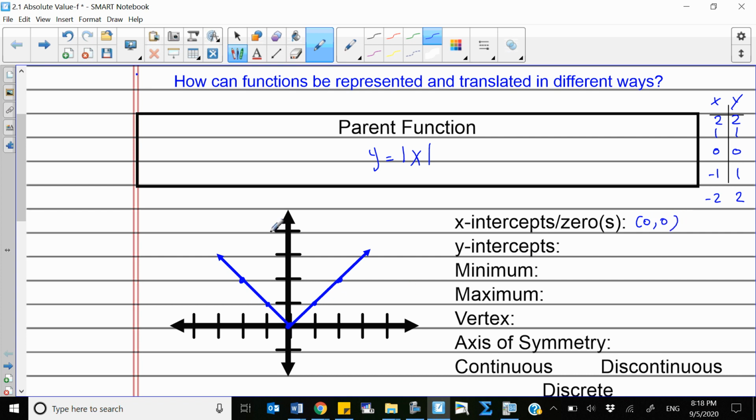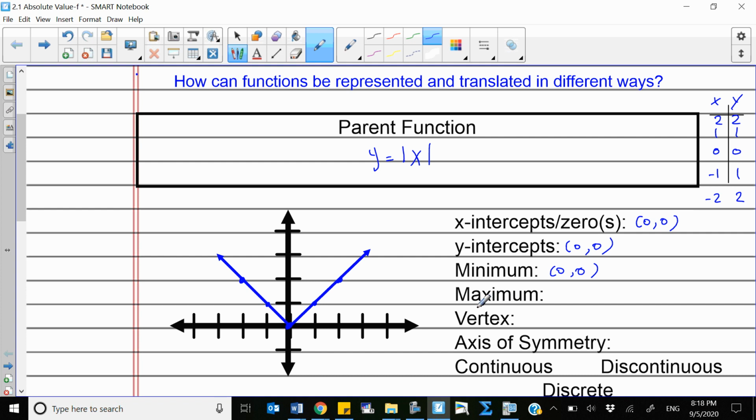That means where does the graph cross the y-axis? That's again the same point, which is 0 and 0. What is the minimum point here? What is the lowest point of this graph? It's this point again, 0 and 0. So this point is minimum point of the function as well.